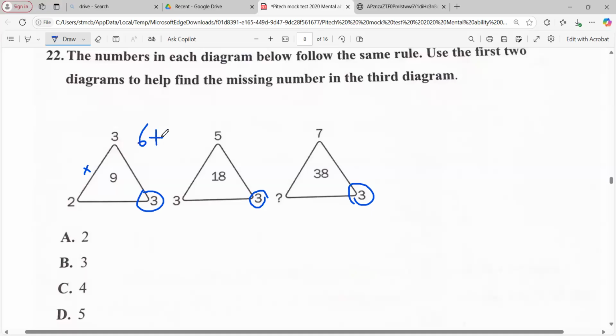But before you get excited, guys, please ensure that you actually test the others. So I'm going to do the same process and see if I get what's inside here. 3 times 5 is 15 plus the 3, 18. All right, cool. So now I know they multiplied a number by 3, then added 3, and that gave the answer.